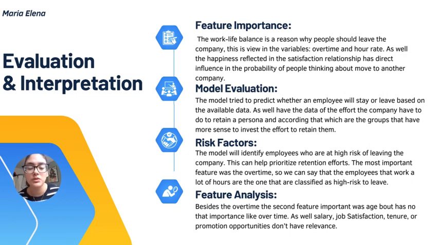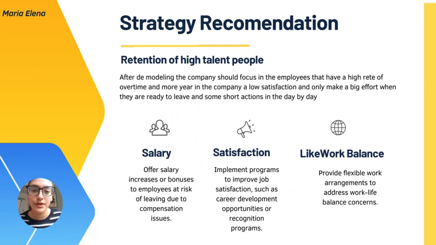We found that the riskiest employees are the ones that have more overtime and more time in the company. Besides the overtime, the second most important feature was the age. The other variables don't show that much importance. So then we are going to see how we propose some strategies to manage this.